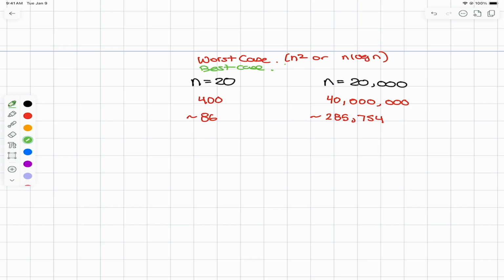Best case options will be n squared or n log n, depending on what we're looking at. So if we were talking about an insertion sort, we end up with a best case scenario of 20,000 here. Now, that is significantly better, of course, than 40 million.